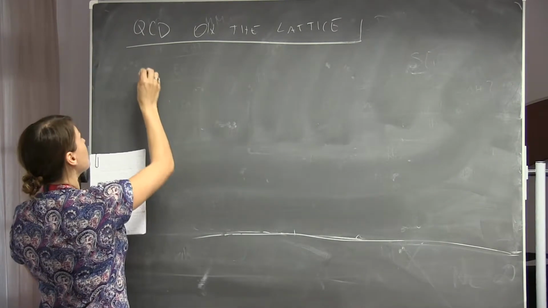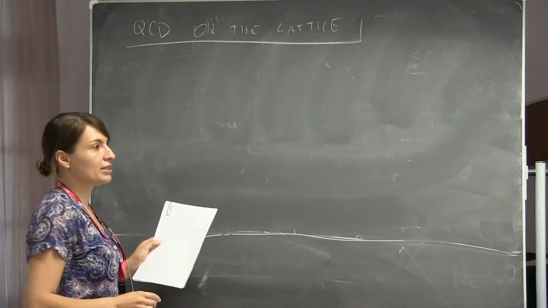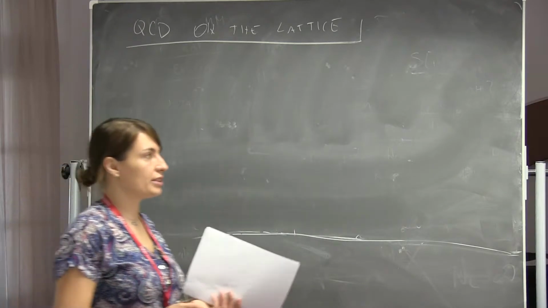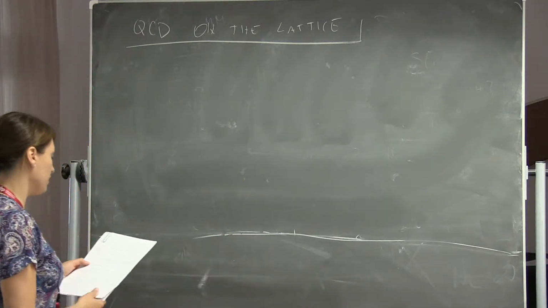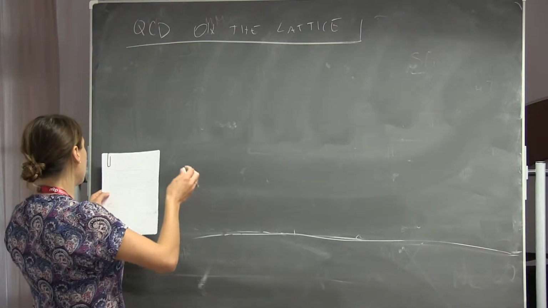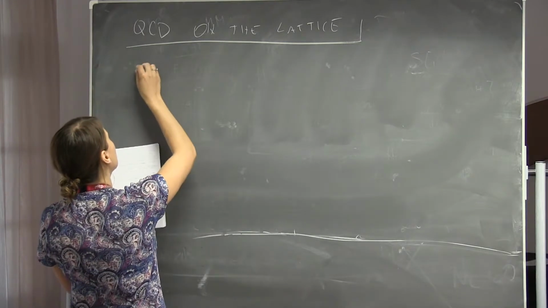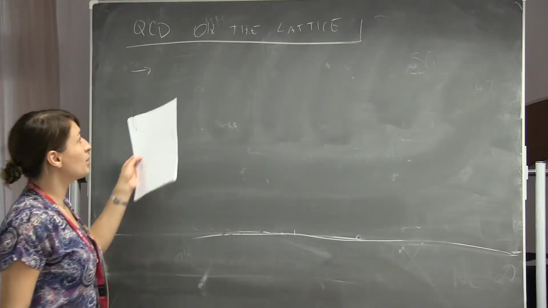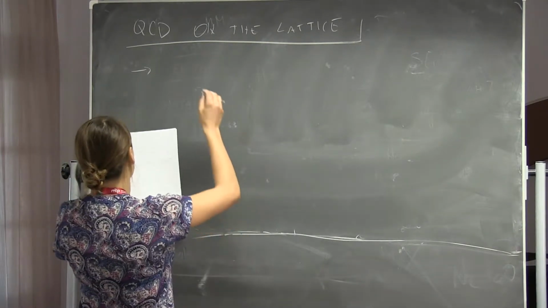So, I will first start with discretizing the fermion action, and then move to the discretized version of the gauge part of the QCD action. But before going there, let me just remind you of some basic properties of QCD, which you probably know already.